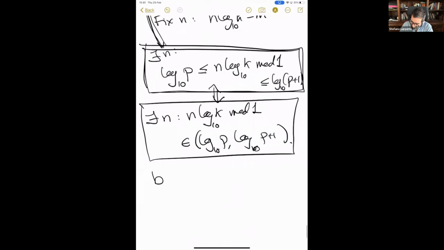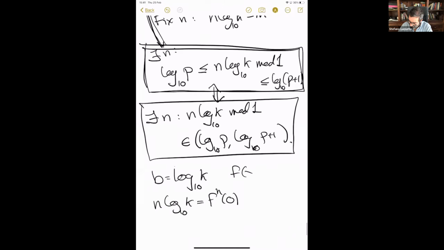So we let b equal log base 10 of k, right? And then n log base 10 of k is just equal to F^n of 0 under the map where F of x equals x plus b mod 1, which is just the map that we had before.